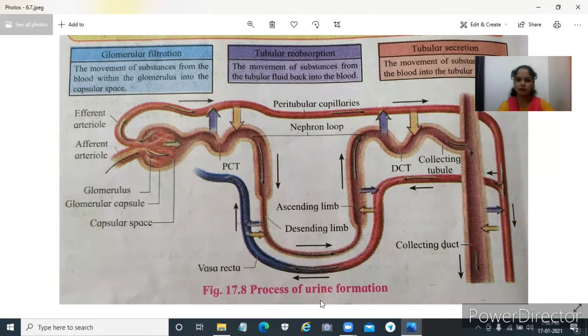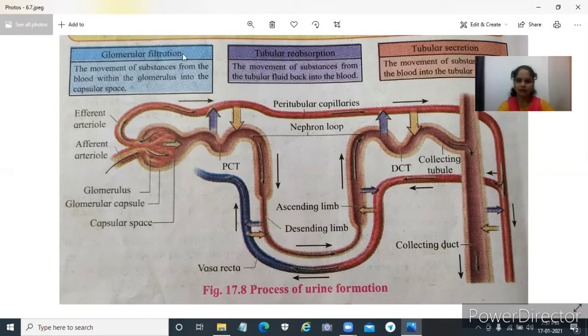The mechanism of urine formation consists of three steps. One is glomerular filtration, which is also called ultrafiltration. The second step is tubular reabsorption, and the third step is tubular secretion. So these are the three steps involved in urine formation.